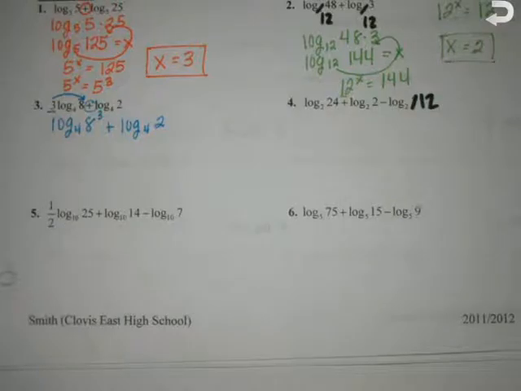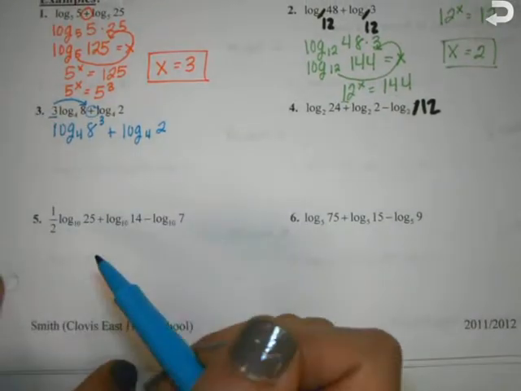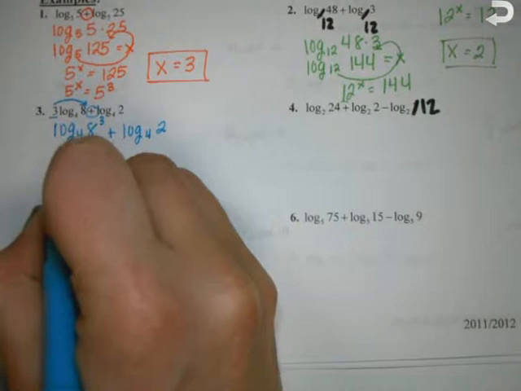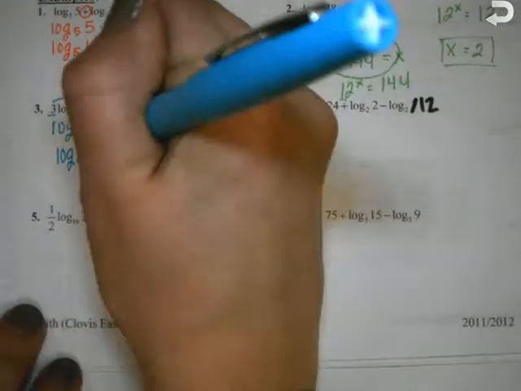Okay, 8 to the 3rd power is 8 times 8 times 8, which is 64 times 8, which is what? 192. Times 2 is going to give us log base 4 of, I'm going to use my calculator. You sure? 8 to the 3rd power is 512 times 2 is 1024.